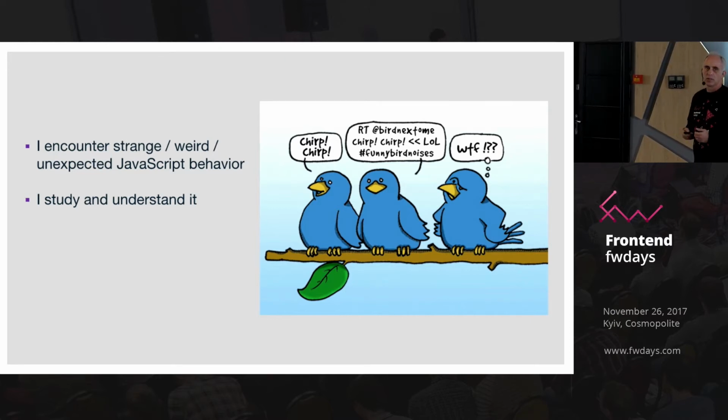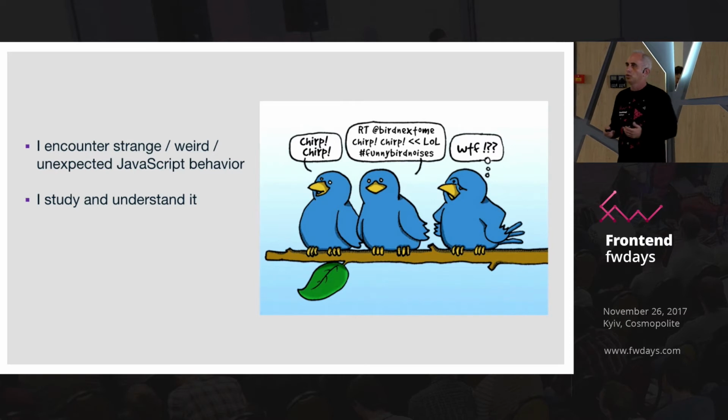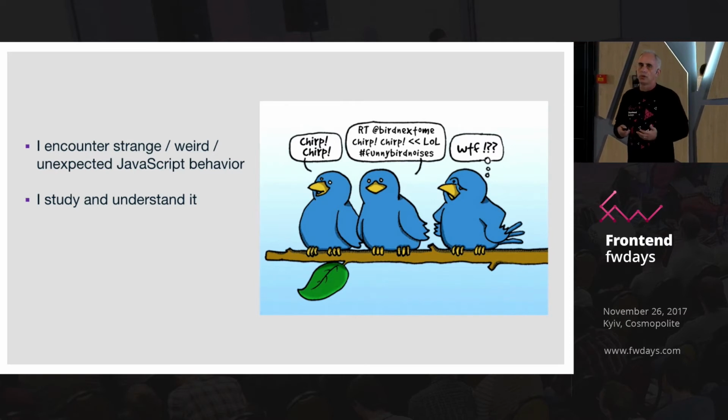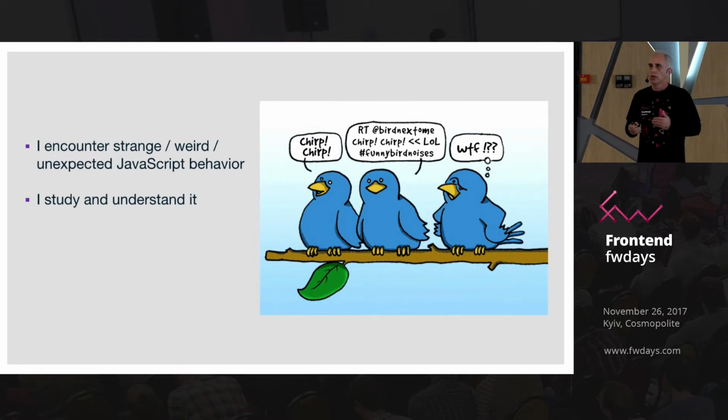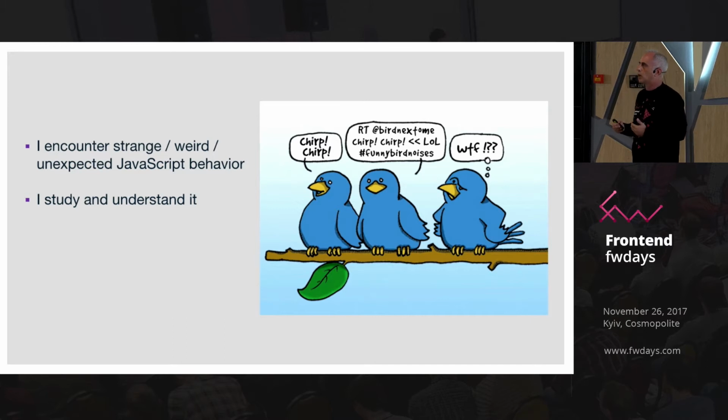That's not surprising. The language itself can sometimes be a bit weird and unexpected. And when that happens, I like to stop and investigate it, research it, understand it. I can't just accept something being the way it is without trying to understand why it behaves in the way that it does, why it was made in the way that it is.